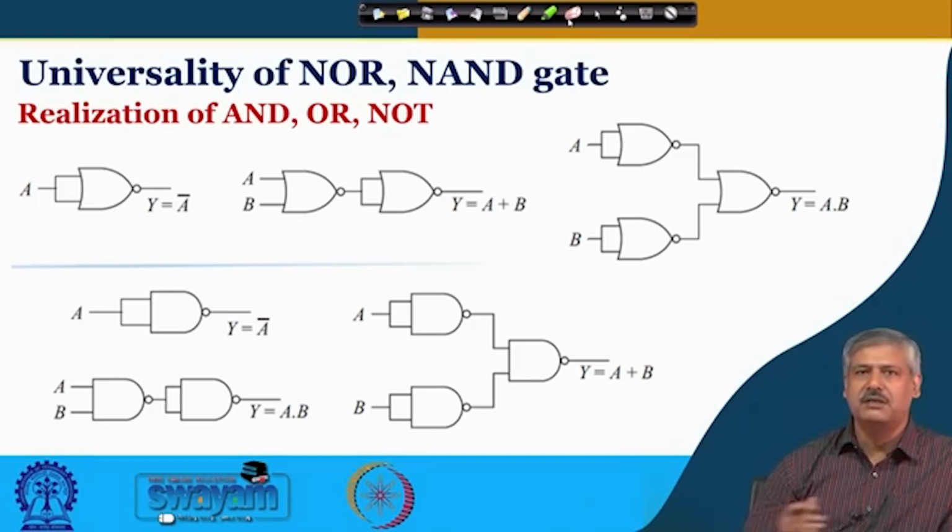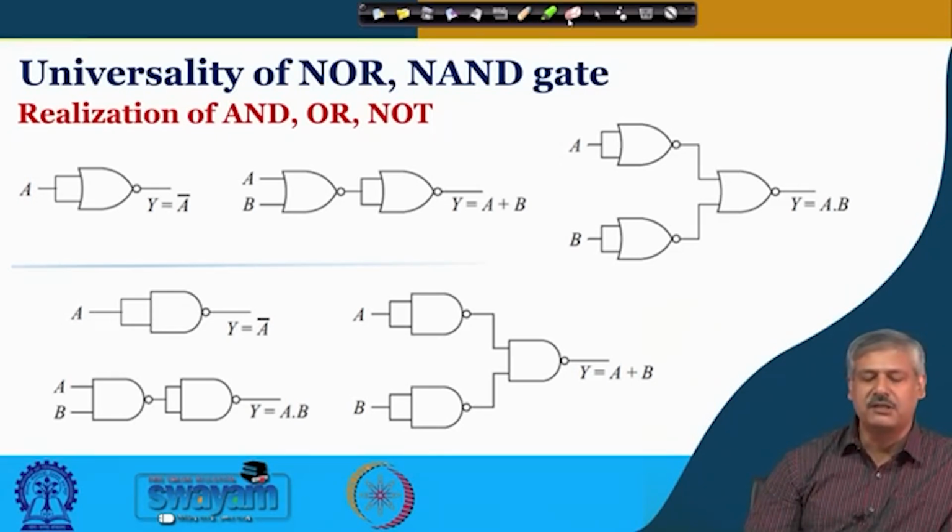That is the good thing about it. You can have only one kind of fabrication process, which is useful. Otherwise, for AND gates and OR gates there are different kinds of circuitry, as we have seen before. With NAND you have just one kind of circuitry.